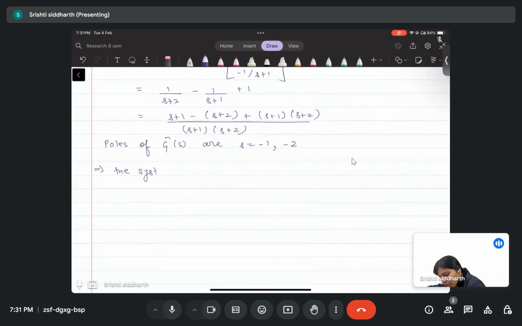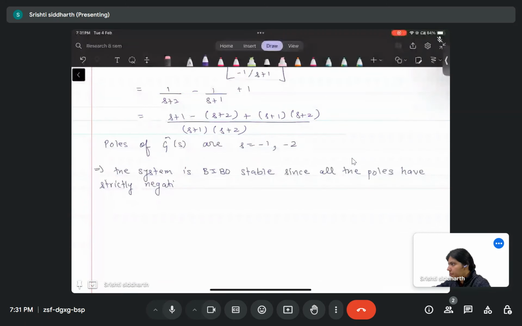So these are strictly negative. Therefore, the system is BIBO stable, since the poles have strictly negative real parts. Next question.